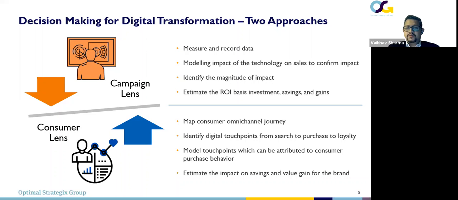Again, with any success metric, depending on which industry you belong to, it is important to map that journey, identify what touch points exist in a very unified way, and then look at the impact of each of those touch points on the end success metric. So that's more from a consumer lens.